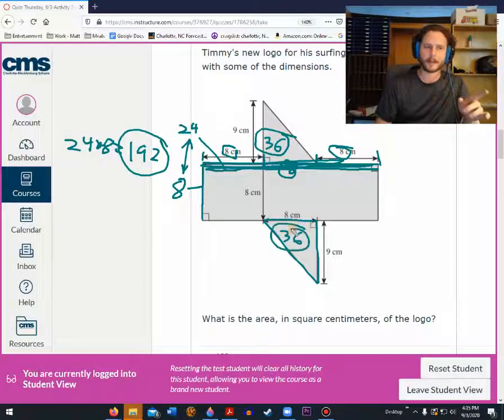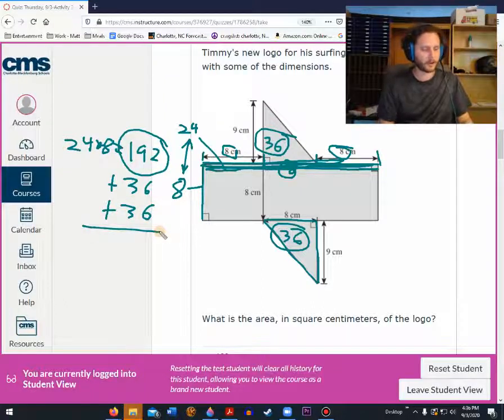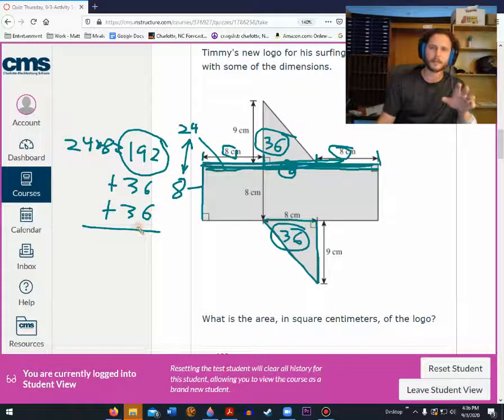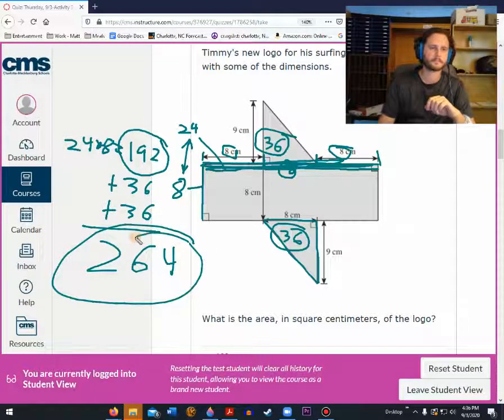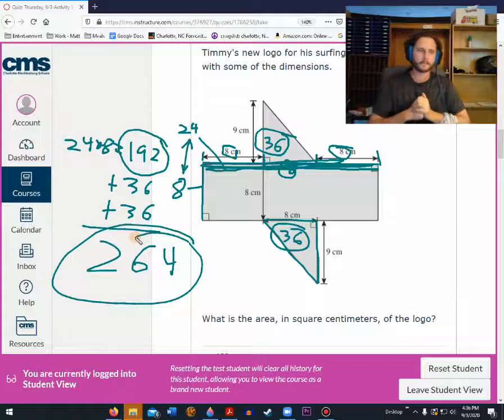You also still have to add 192 plus 36 plus 36. You have to add all of those amounts together. Let me double check what the answer key was, just to make sure. All right. The answer to this one was 264 centimeters squared. That was the answer for this problem.